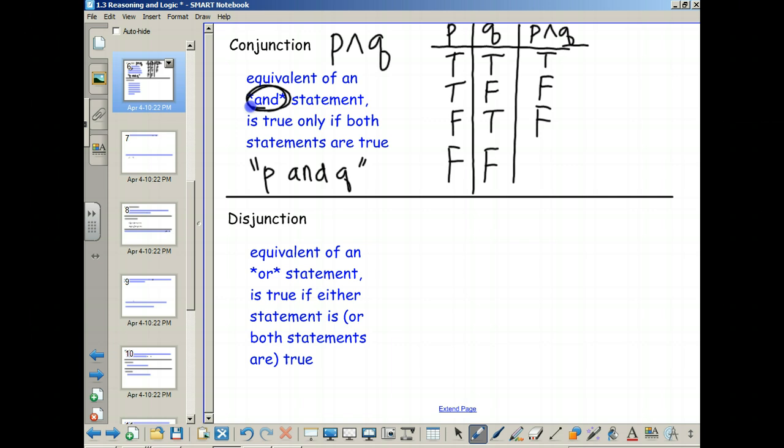Let's say that my husband comes in. He won't work as an example. Let's take one of you guys as an example. Megan comes in.